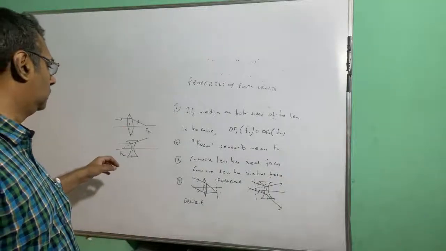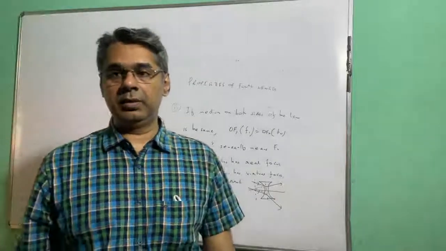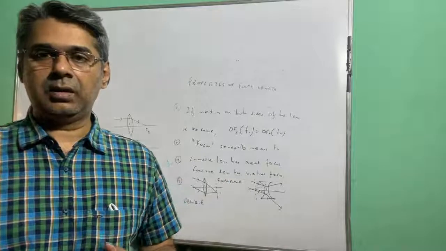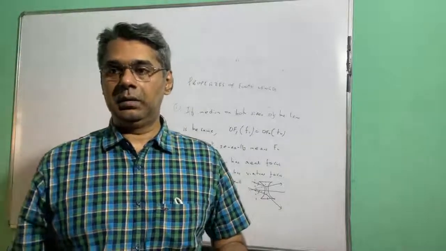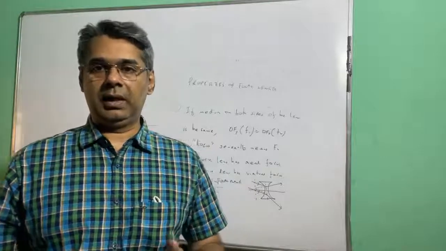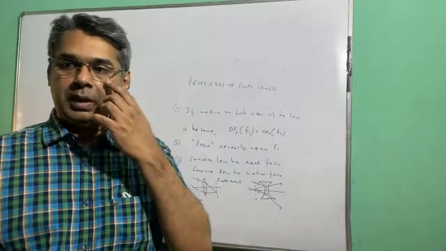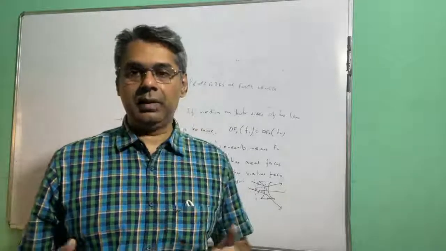Now, when we do lenses, we assume that the material is glass, obviously, and just outside the lens it is all vacuum or all air. The lens itself is glass, but everything outside the lens is vacuum or air.